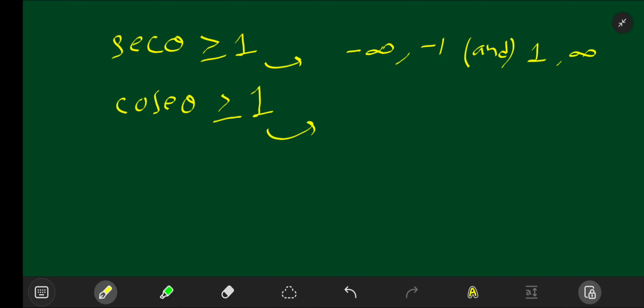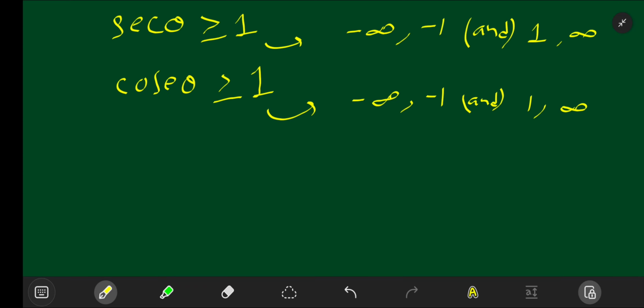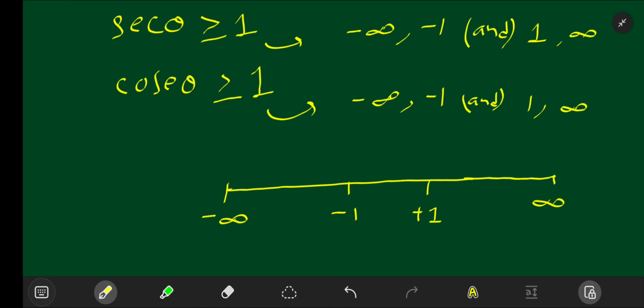This range can be represented with a number line: minus infinity, minus 1, plus 1, plus infinity.